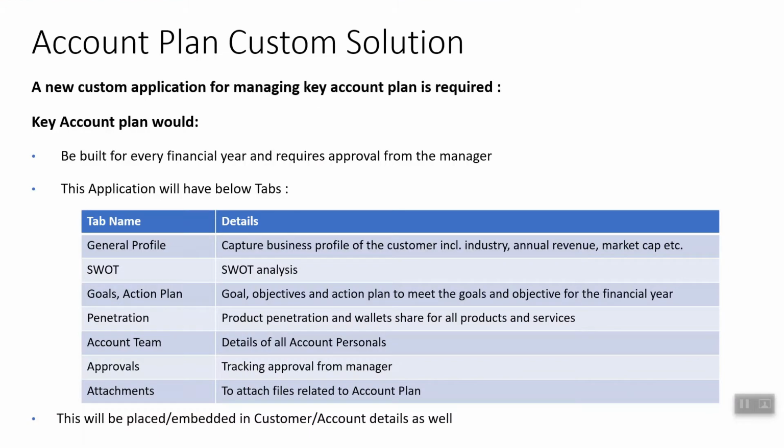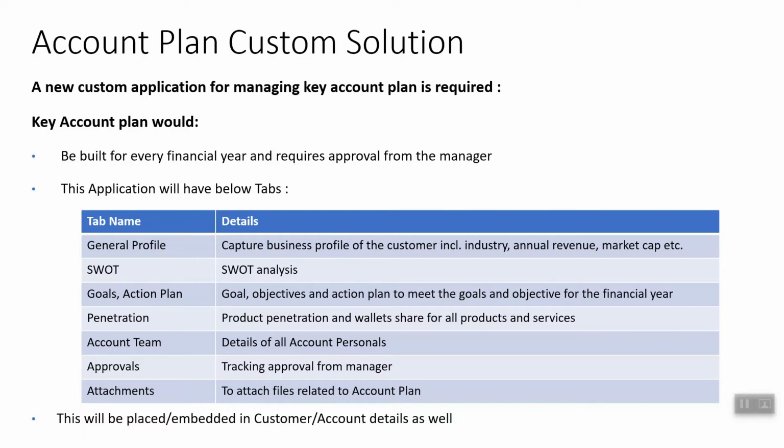Let us now go through an example of a custom application created from scratch by using SAP Cloud Applications Studio. A new custom application for managing key account plan is required. This feature is not available in SAP Standard. The key account plan would be built for every financial year and will require approval from the manager. This custom application will have below tabs or facets.